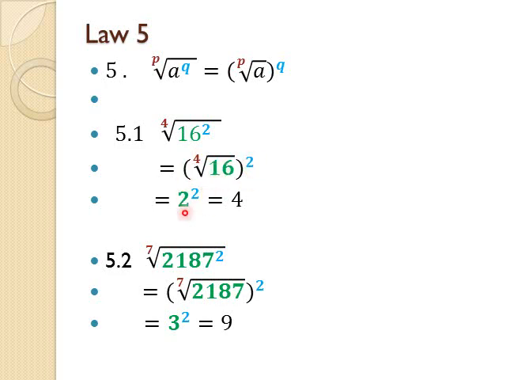So the fourth root of 16 is 2, 2 squared then gives me 4. Then another one, I have the 7th root of 2187 to the power 2. So there's the 7th root inside, take the square outside, the 7th root of that is 3, 3 squared then gives me 9. So those are the basic laws of surds.